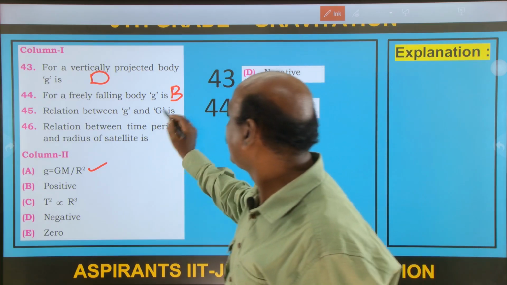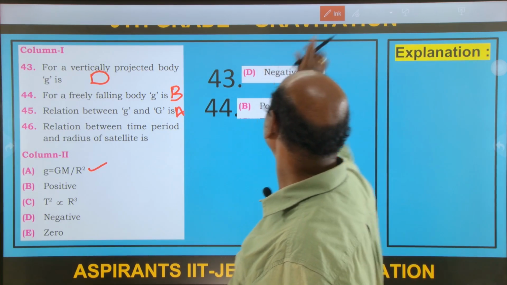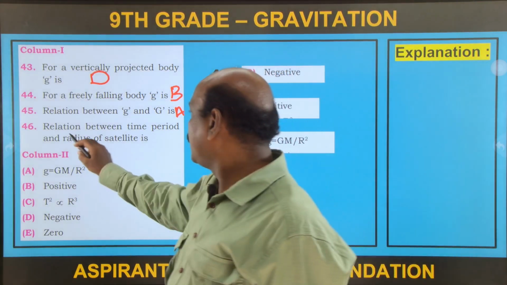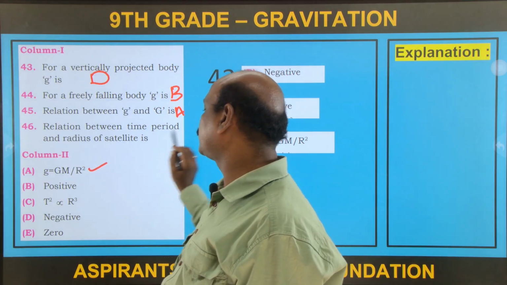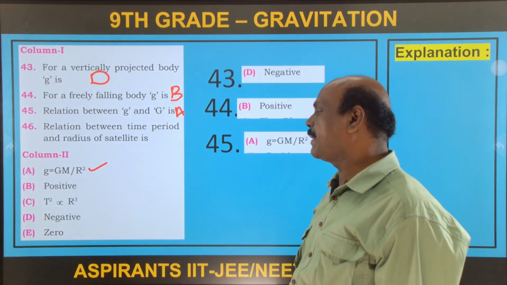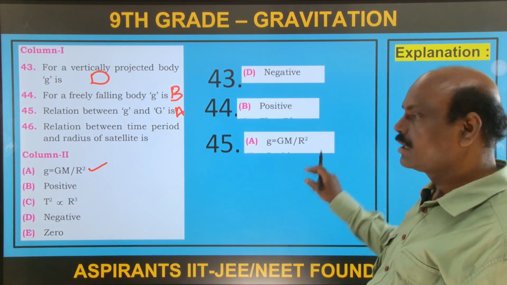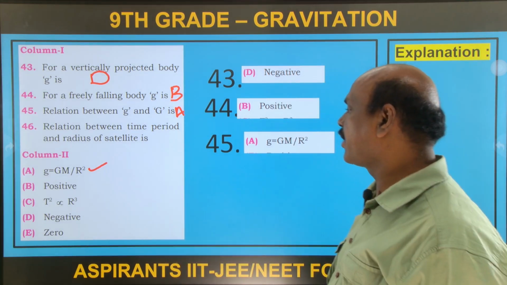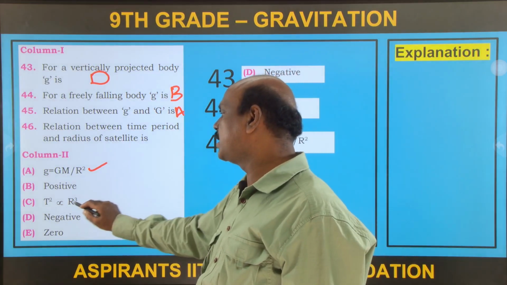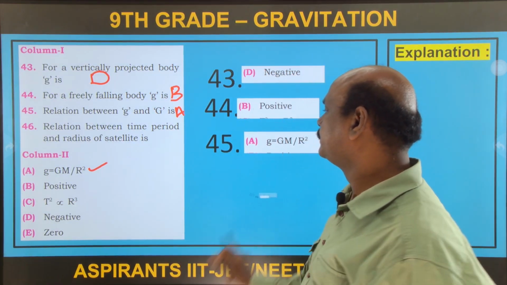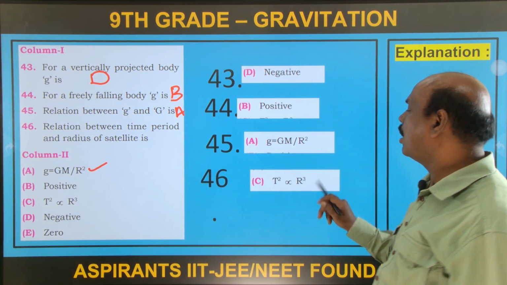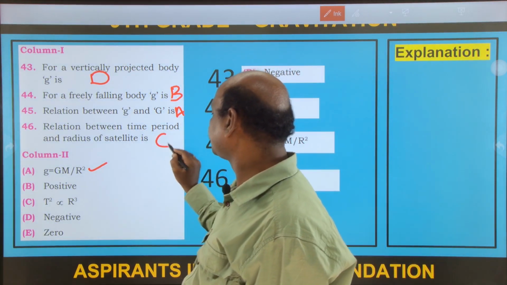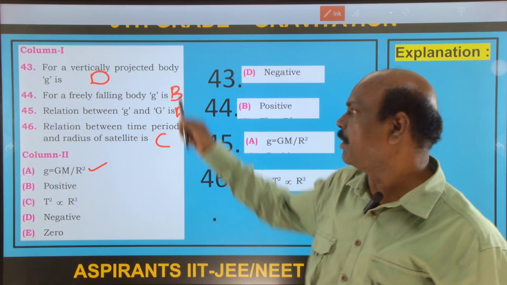So option A. And coming to next, relationship between the period and the radius of the satellite, means the time period of the satellite which is moving around a body, like Earth, and its radius. So T square is proportional to R cube. So what is the option? Option C. So this is about matrix match.